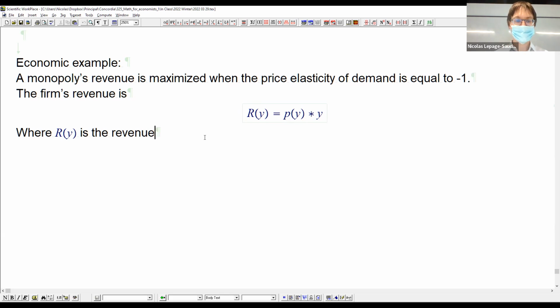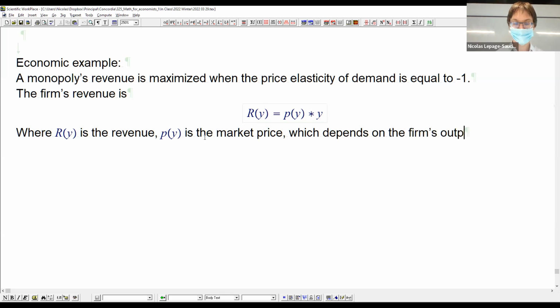All right, here's the revenue, P of Y is the market price, which depends on Y. So let's do that. So maximize income.